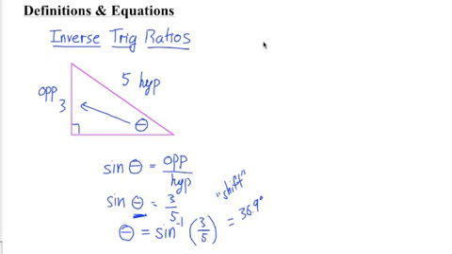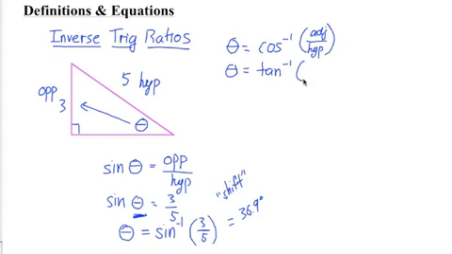Likewise, we can define the inverse cosine function, the inverse tangent function as well. Remember that cosine is adjacent over hypotenuse, and tangent was opposite over adjacent.